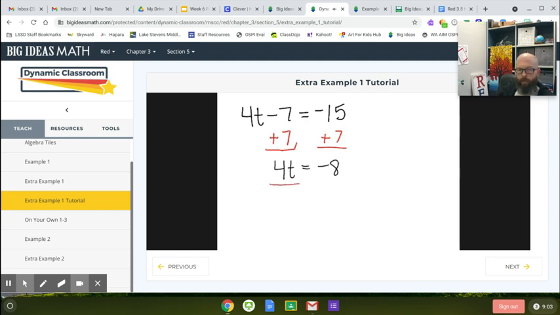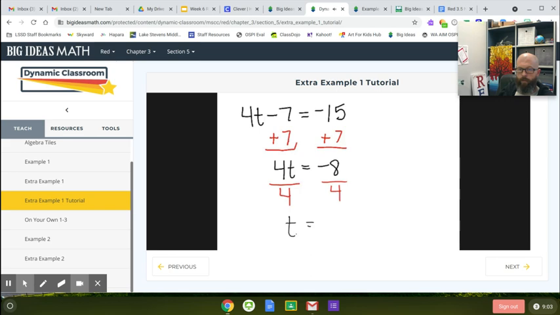To do that, we can use the inverse operation, which is division, and divide by 4. Since we divided the left by 4, we also divide the right side of the equation by 4. So let's simplify. 4 times t divided by 4 gives us 1t, which we write as t, and that's equal to negative 8 divided by 4.